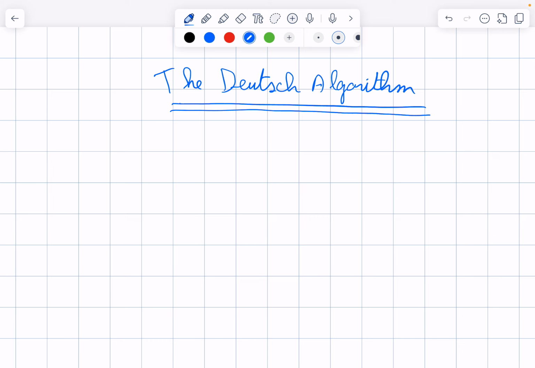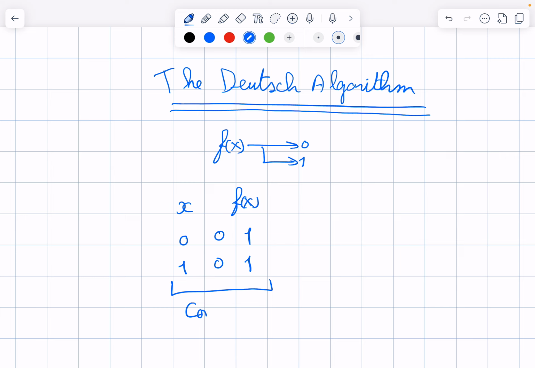In the Deutsch algorithm we have a function f of x which can take either the value of 0 or 1, and x also can take the value of 0 or 1. If f of x always gives 0, or always gives 1, so its output does not change with x, we are going to call it a constant function.